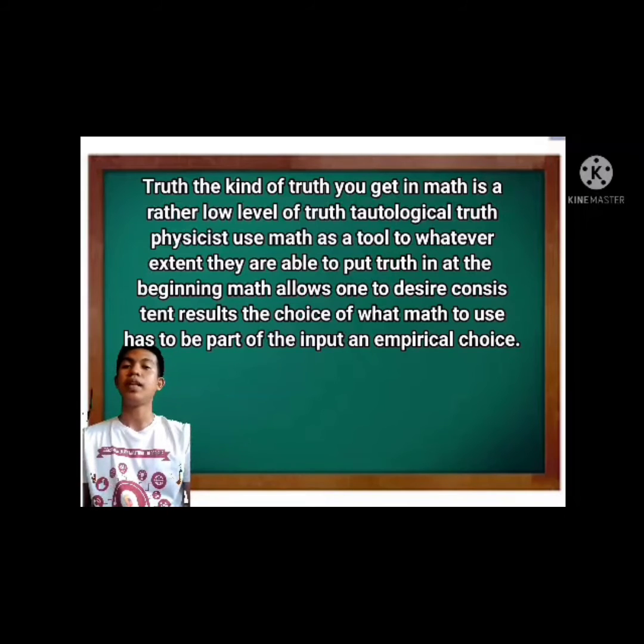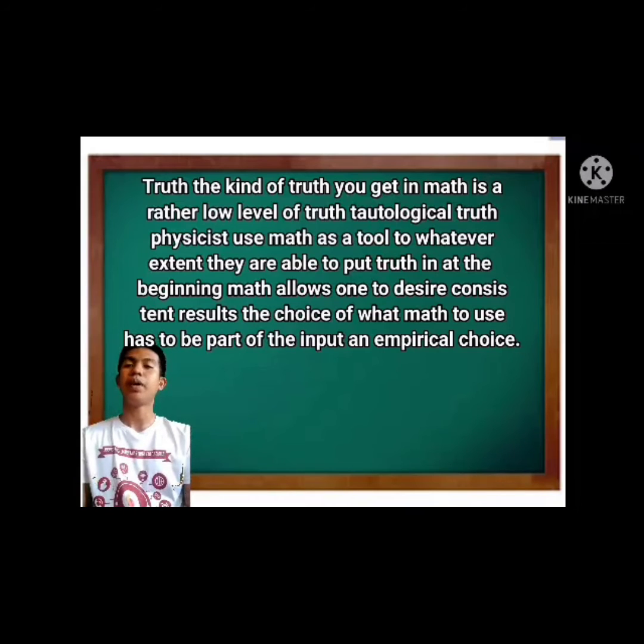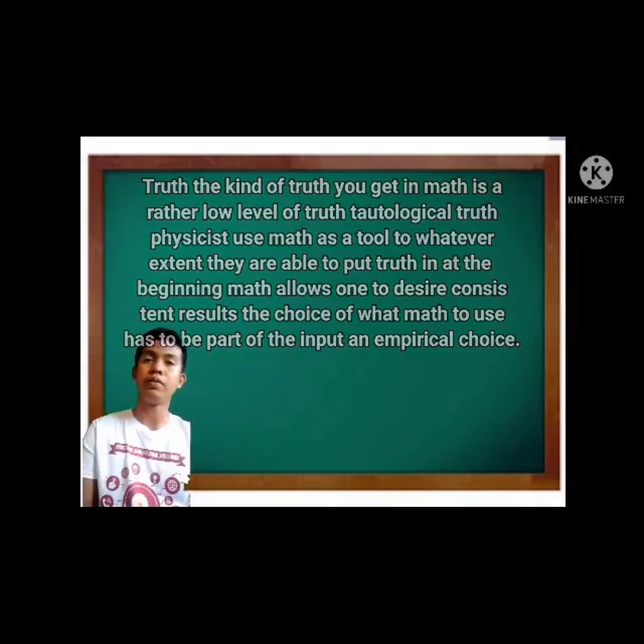Physics uses math as a tool to whatever extent it is able, putting truth in the beginning. Math also wants to derive consistent results. The choice of math, what math to use, has to be part of the input and an empirical choice.